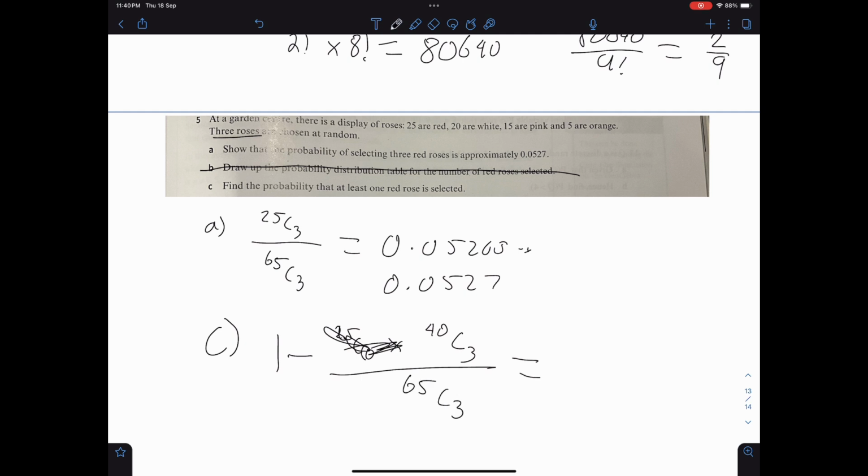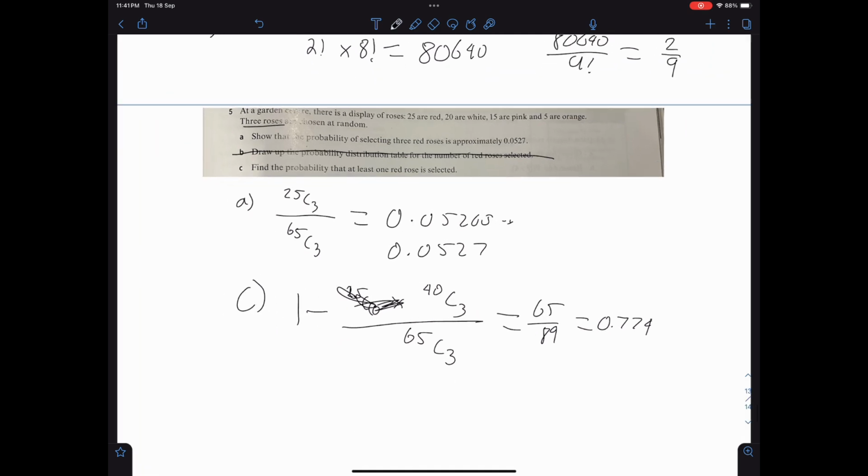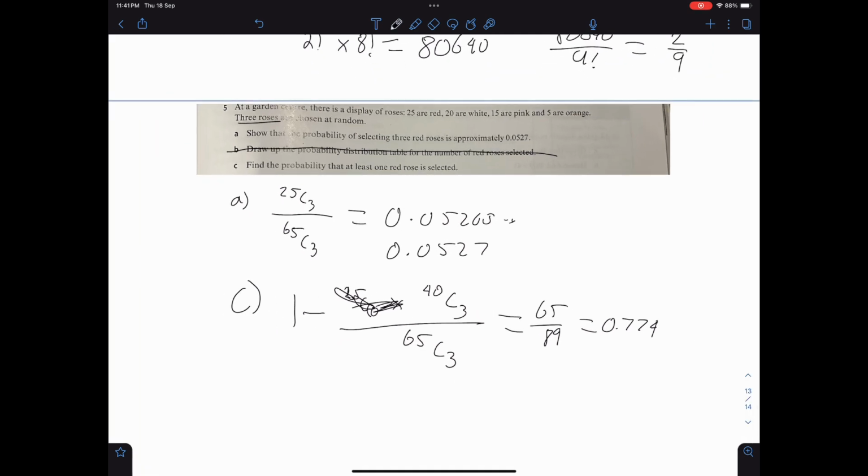And we can just do this. So it gives us 65 over 84, which is equal to 0.774. Because we're not picking any red roses, so we can only pick from this lot, and 20 plus 15 plus 5 is 40.